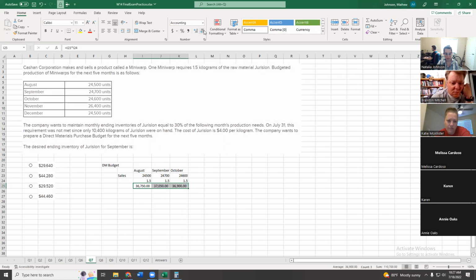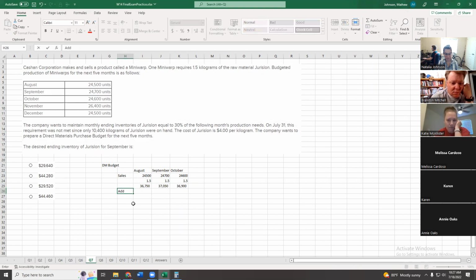Awesome. And now, what is the next step? Add ending inventory. Yeah, perfect. So the ending inventory, it says that it's 30% of the following month's production needs. I always mistake it with this number.